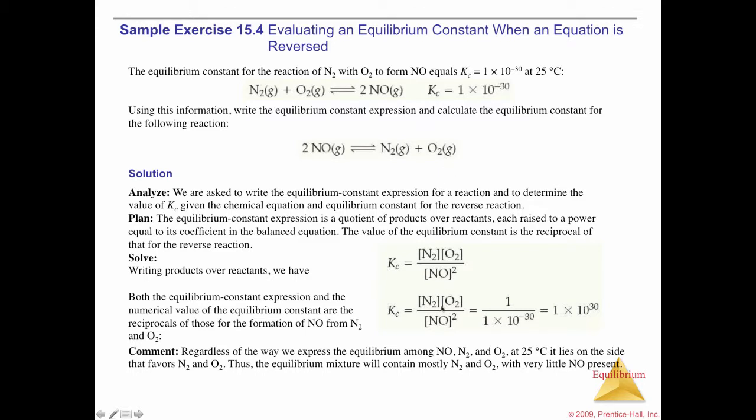So here we have N2 times O2 over NO squared. Again, the coefficient becomes the exponent. This reversed reaction is equal to the reciprocal of the forward reaction's equilibrium constant. So we're going to take the equilibrium constant, 1 times 10 to the negative 30th, and find its reciprocal, which is 1 times 10 to the 30th.